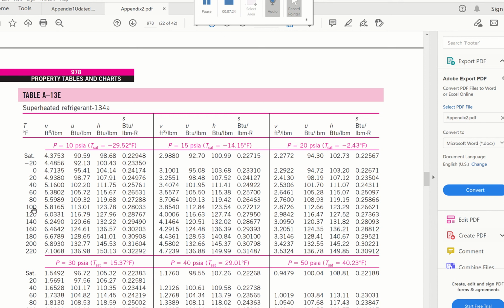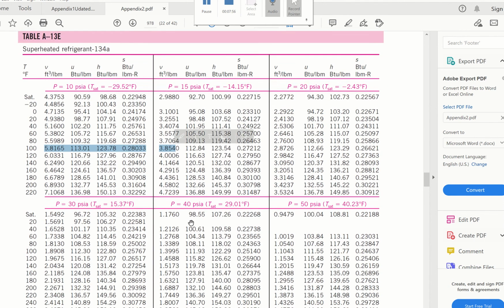Right here at 100 Fahrenheit, the second property is specific volume 0.933. We don't know the pressure, so we don't really know which table we're going to go for. I'm glad this problem gives us this opportunity to look at it. At 100 Fahrenheit, this V is 5.8165, this one is 3.85, so it's way greater than ours.